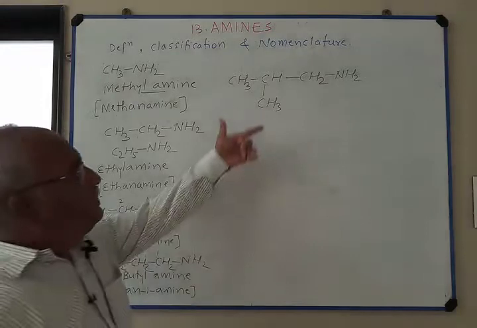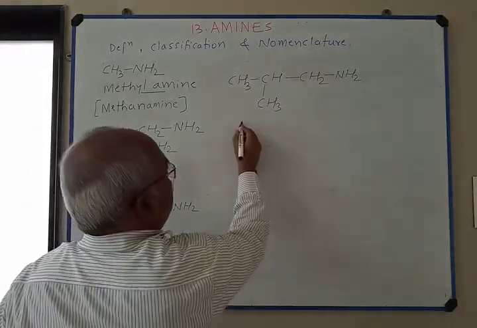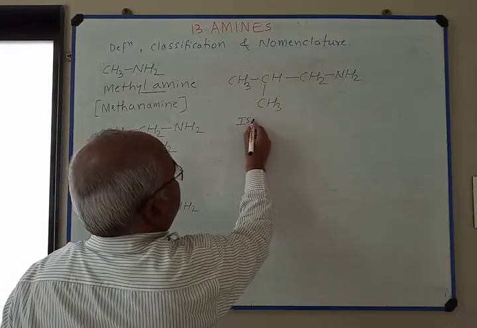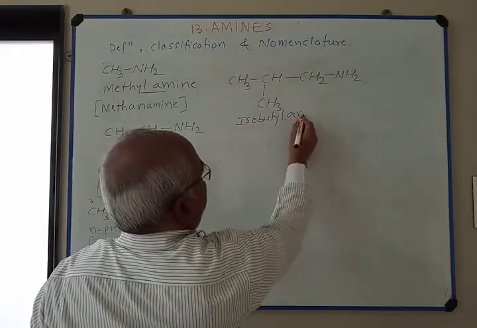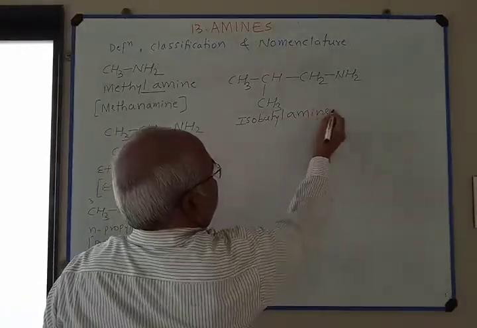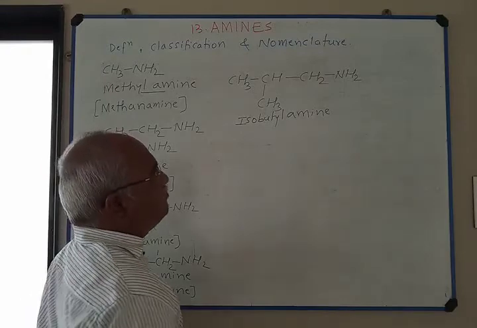So the alkyl group is isobutyl group. Therefore, the name of the compound is isobutylamine. Isobutylamine is the common name of this compound.